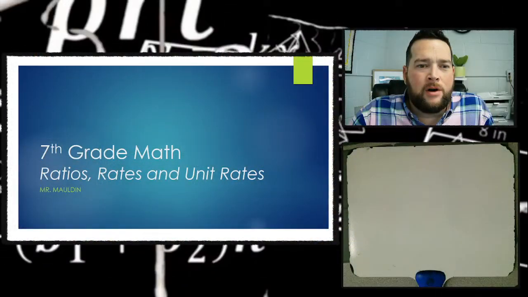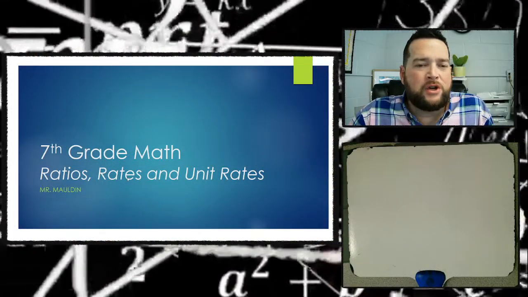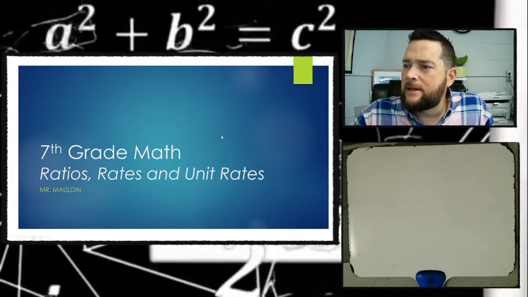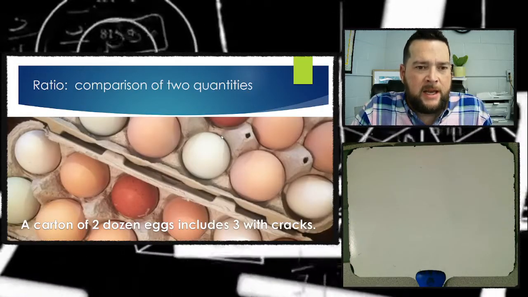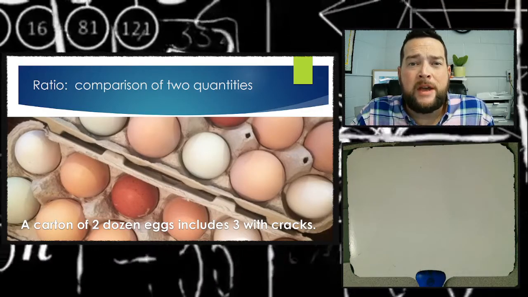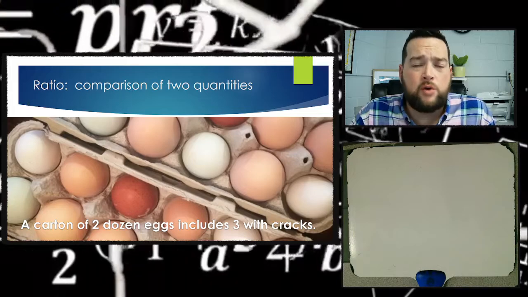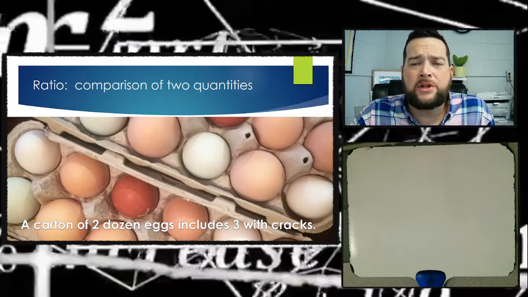Today we are going over rates, ratios, and unit rates, and we're just going to dive right into this, trying to understand what even a ratio is. A ratio is simply a comparison of two quantities. We use ratios a lot in math.